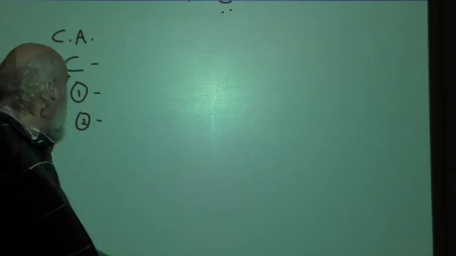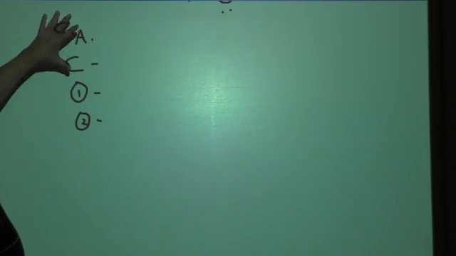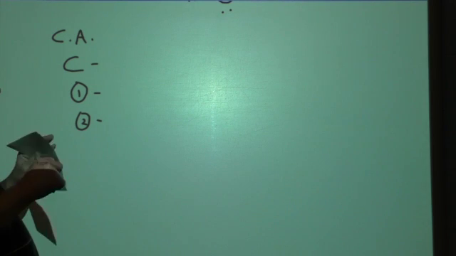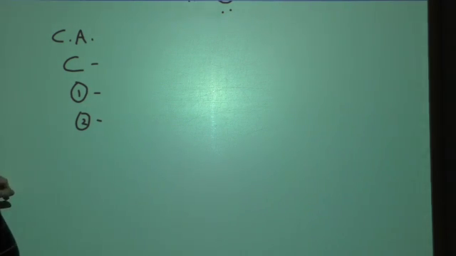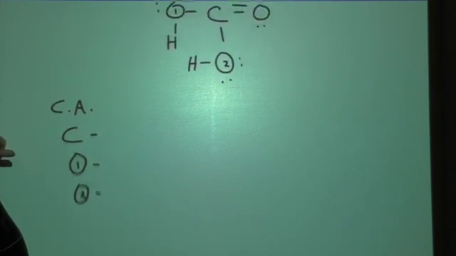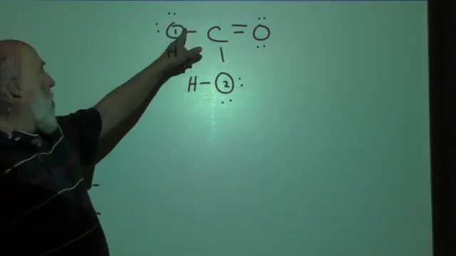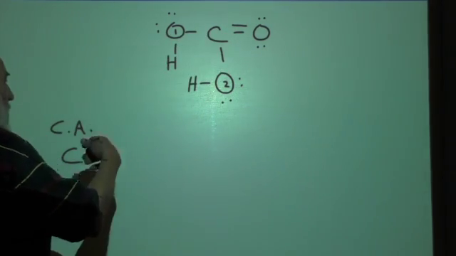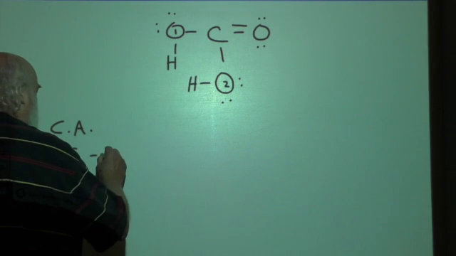So, this is what it looks like. So, we're going to identify the number of sets of electrons around each central atom. Carbon has 3 sets of electrons.